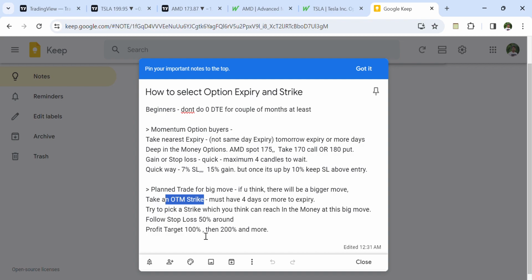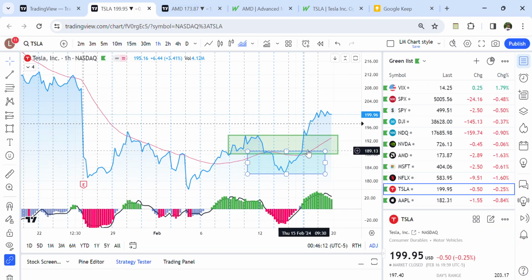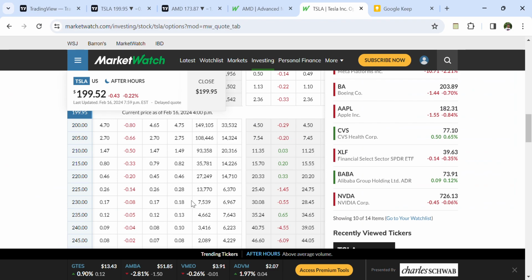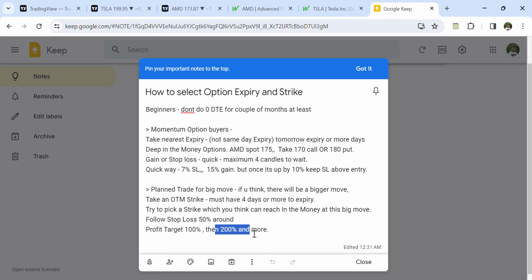That is target 1. So on 1.5, your target 1 to sell is 3.00, meaning $300. Or once it reaches $300, keep a trailing stop loss at maybe 200 and let it rise, and your target 2 might come. If it goes further, like Tesla did here, it reached that $5 and then went even further, the next $5 reaching 200 plus. In that case, your strike will come deeper in the money, and you can choose to take 200% profit also.